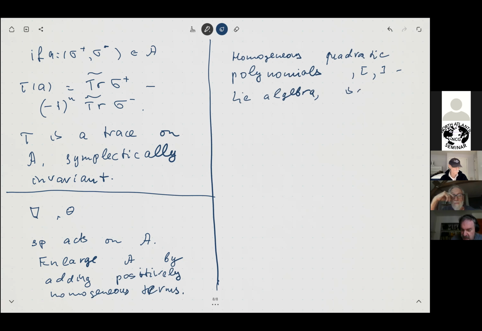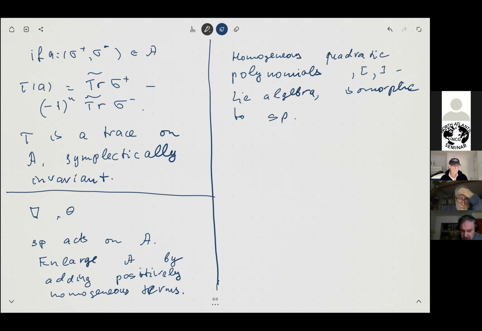Moreover, it is isomorphic to sp, and the action of this Lie algebra on A by commutators coincides with the action of the symplectic Lie algebra. So this is what induces the isomorphism.